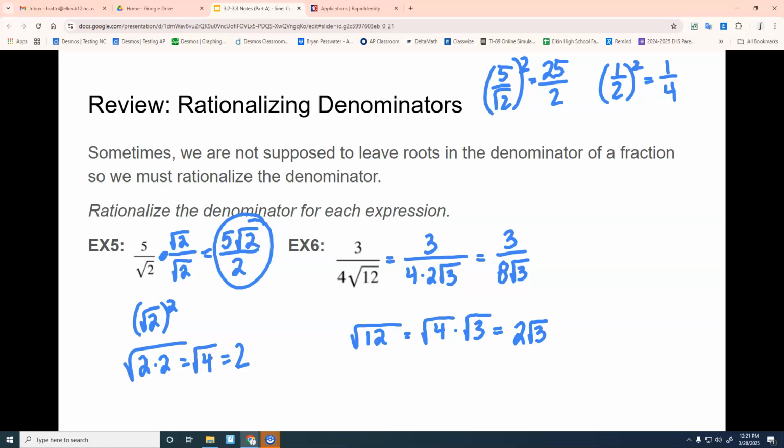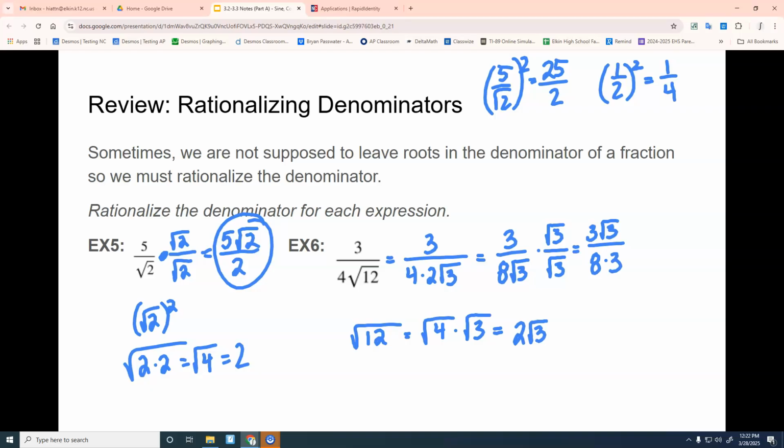And so whenever you're rationalizing the denominator, you don't have to multiply by the whole denominator. You just have to multiply by the part that is the square root. So I'm going to multiply by square root of 3 over square root of 3, which will give me 3 square root of 3 over 8 times 3.